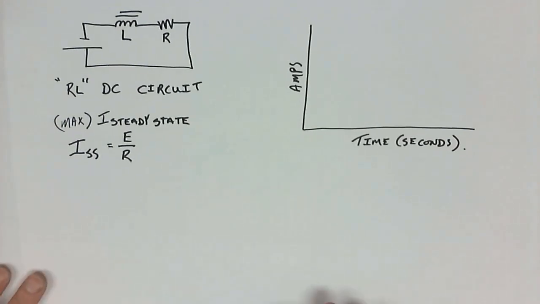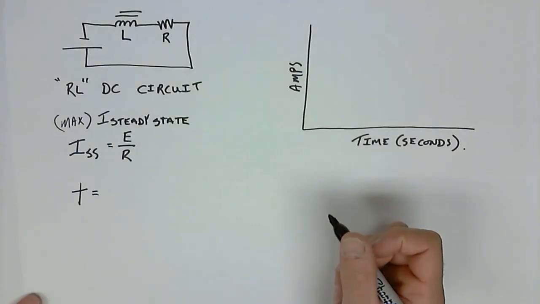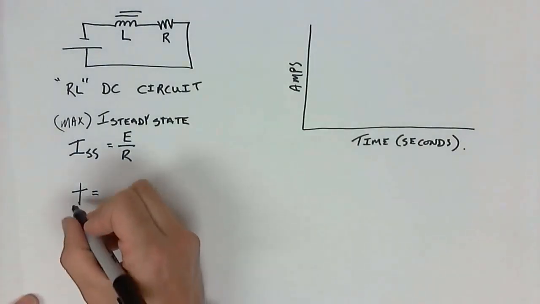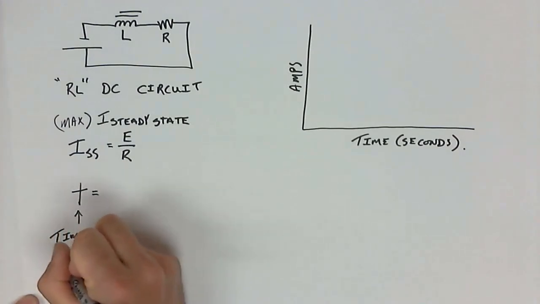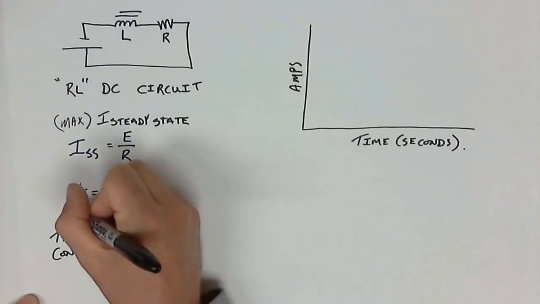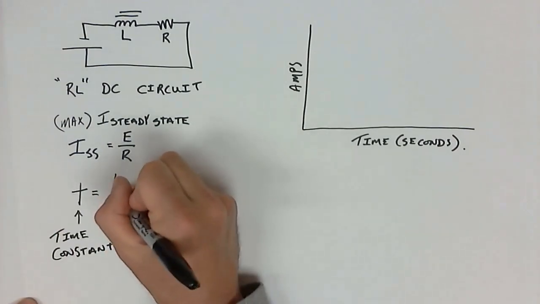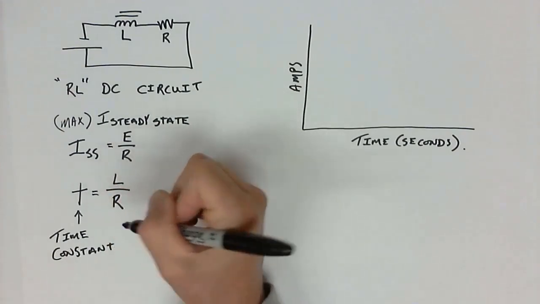So the time it takes is calculated by use of a time constant. A lowercase t is used to represent a time constant. And a time constant is equal to the inductance, or inductor henries, of the circuit divided by the resistance.